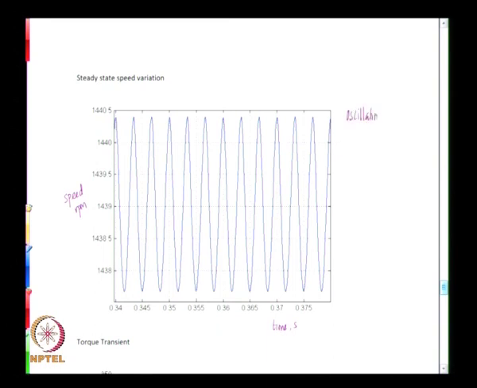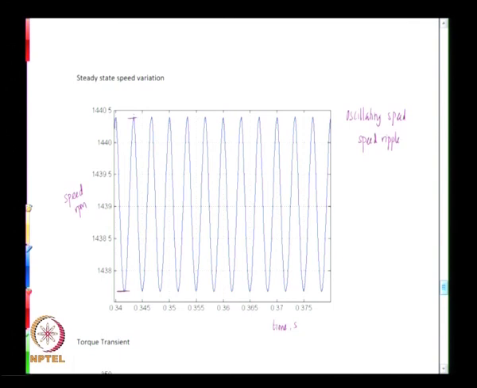That means there is a speed ripple. The speed ripple in this case is about 1437.5 or so here, and then goes up to almost 1440.5. So it is about 3 RPM ripple that you have in speed.